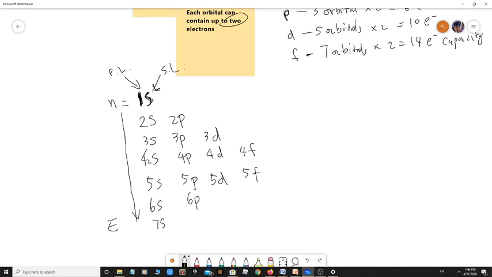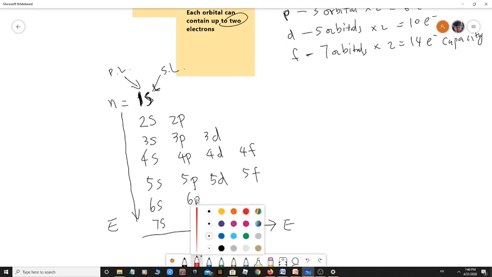Now within the same level, from left to right, the energy goes higher as well. Not only that, each orbital has different capacity. Usually we would put a little number on top to indicate how many electrons are in this sublevel.